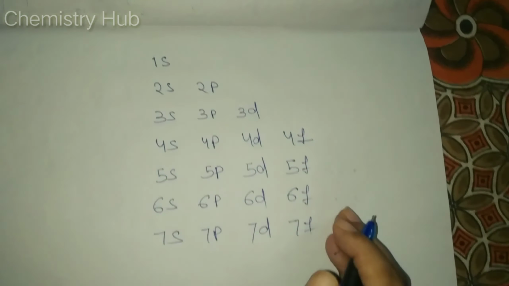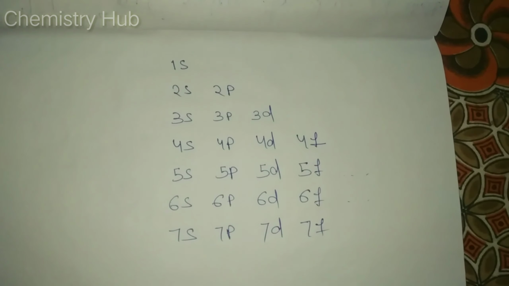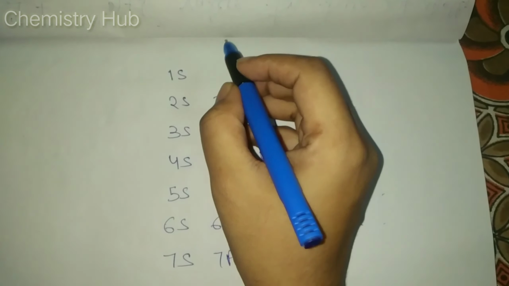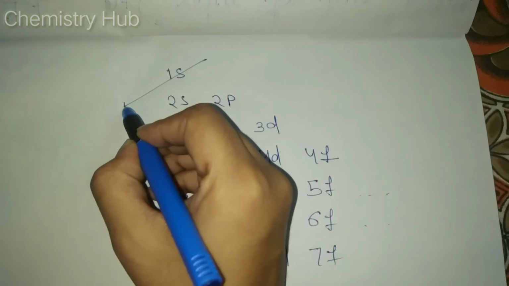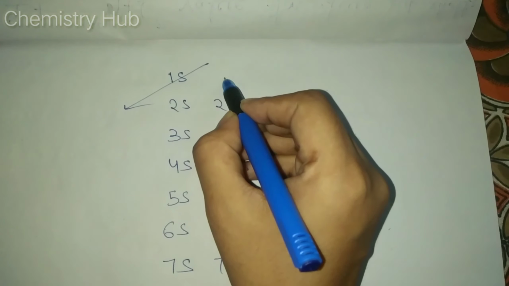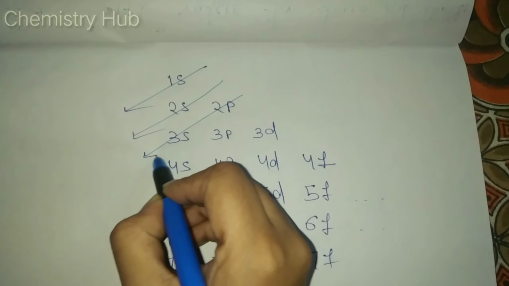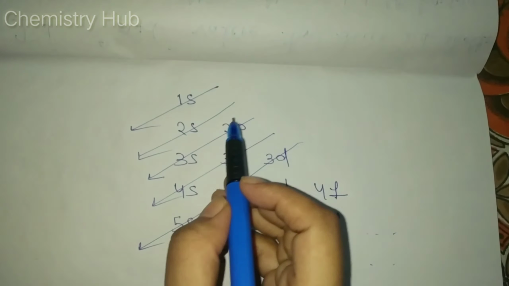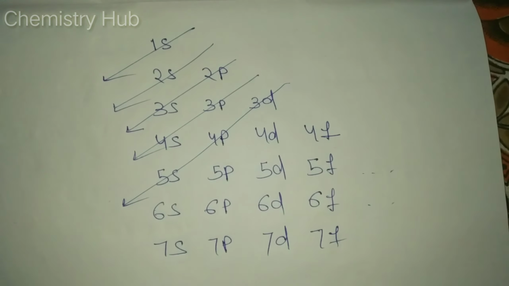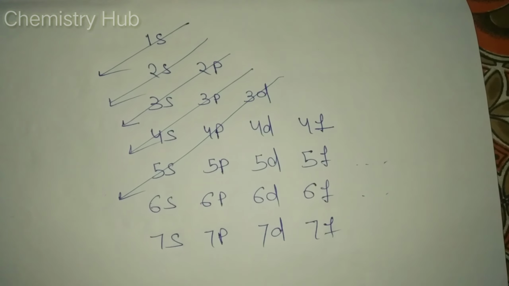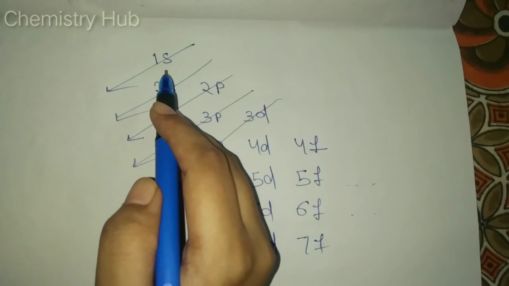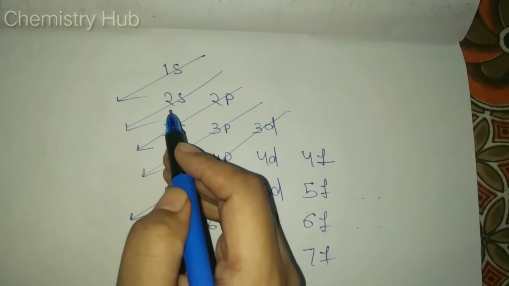So how can we arrange them according to their increasing order? The above principle says you can move this way, downward. That means when you are going to fill electrons in the subshells, first of all you have to enter the electrons in the 1s subshell.